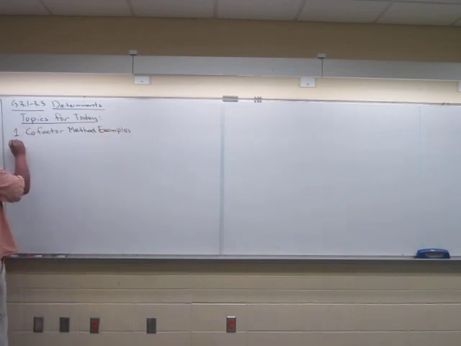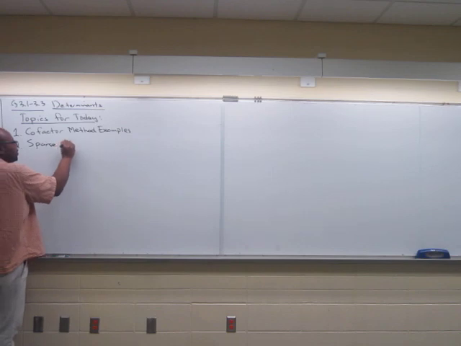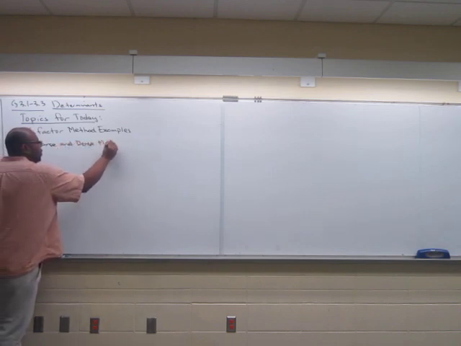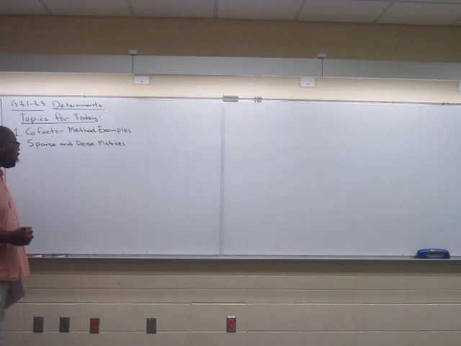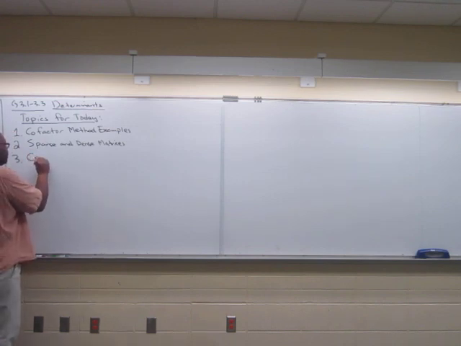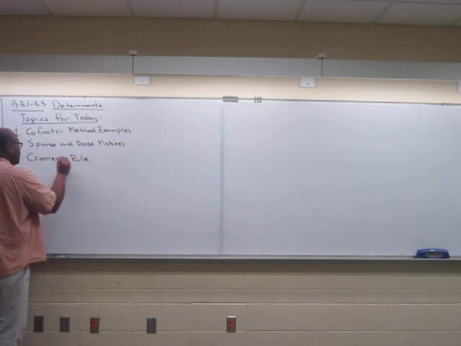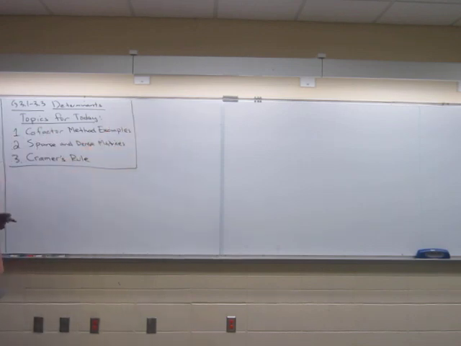Two, I'm going to talk a little bit about sparse and dense matrices. And three, one of those things that all the engineers like, which is Cramer's rule. Okay. Well, those are what we're going to look at today.